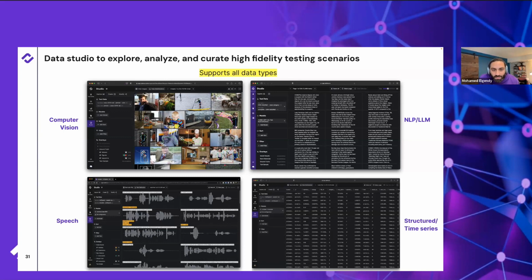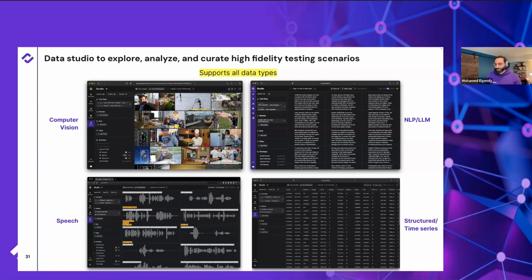Another question: are you able to test for harmful model outputs? Yes, absolutely. That's the point of breaking things down into testing scenarios. When you are looking at one bulk of data, you're forced to look at the regular metrics of model performance.